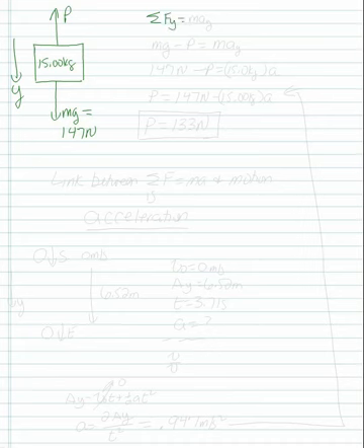Sum Fy equals may. So let's see what we end up with. Make sure everything lines up with our axes. Since we called y down, mg in this case is positive.